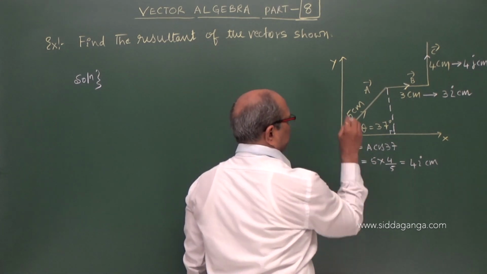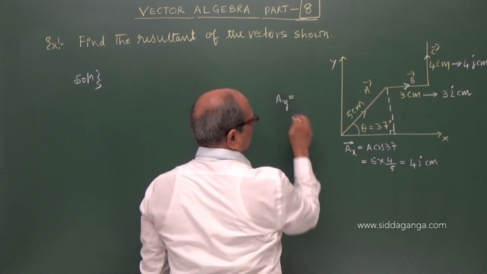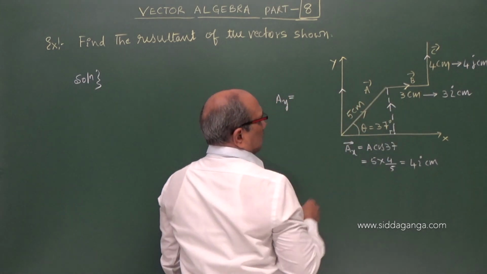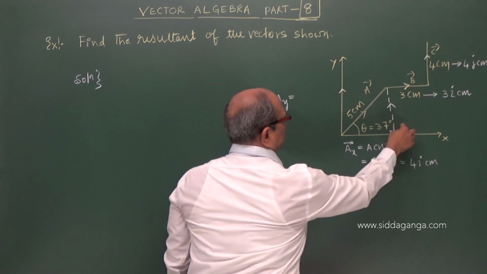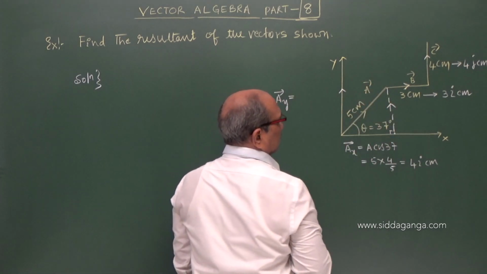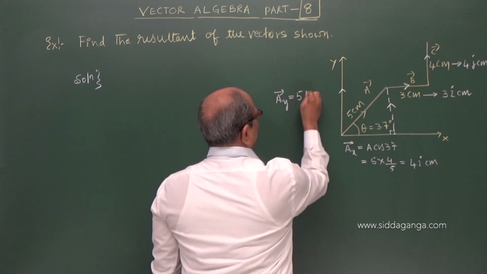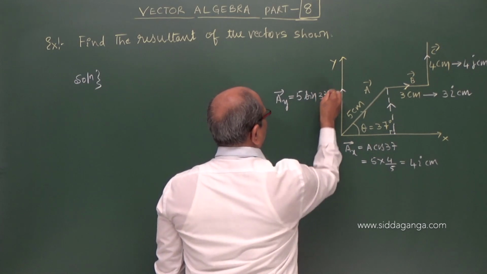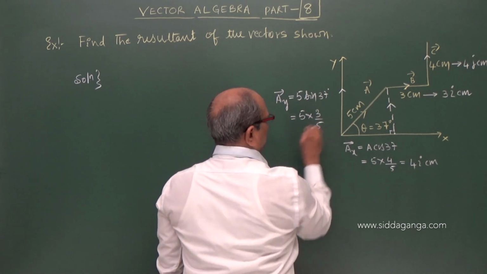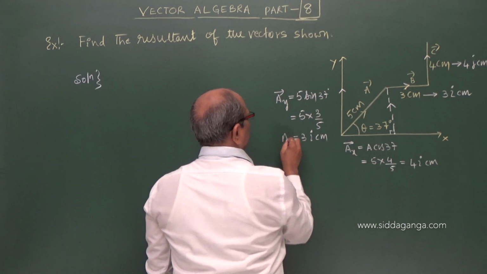Similarly, for Ay, opposite side by hypotenuse, so A sin 37, which is 5 into 3 by 5, becomes 3j centimeter as Ay.